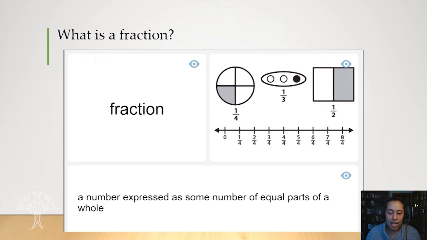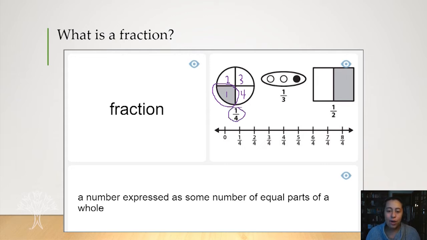You can see that one of the parts is colored in gray, and there are 1, 2, 3, 4 parts in the circle. So that's why this fraction says 1/4.